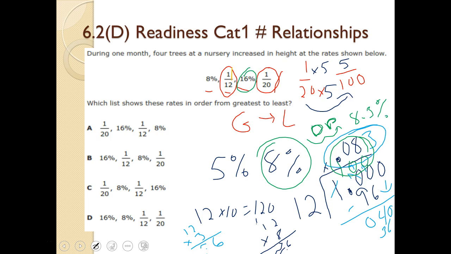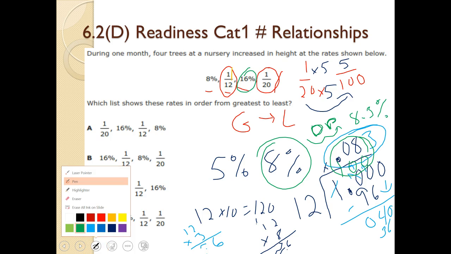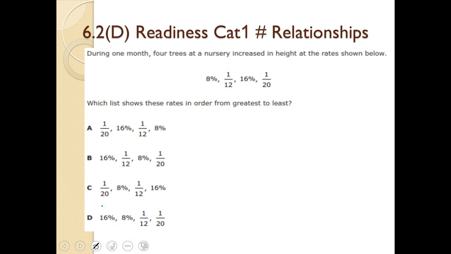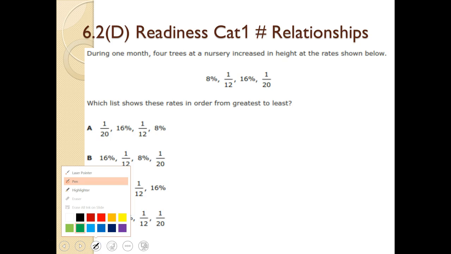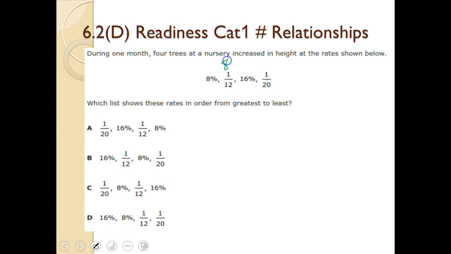Now 8.3% is going to be slightly higher than 8%, but not quite as high as the 16%. So let me kind of clear out what we had. So this was 8.3%, and this one was 5%. So 5% was the smallest.